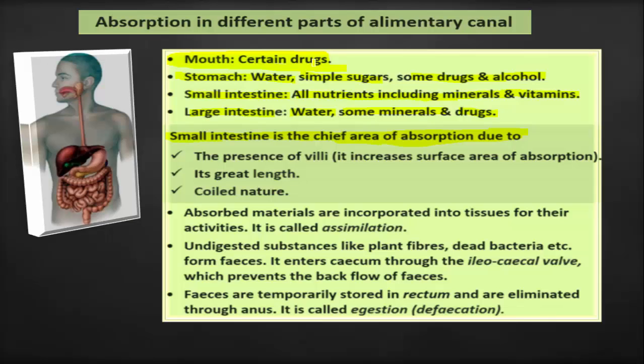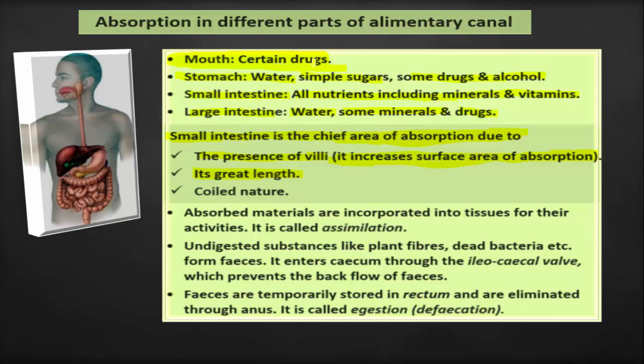Why? Because of the presence of villi, the finger-like folded structures, and villi increase the surface area of absorption. They provide a larger surface area for absorption. Another reason is its great length.